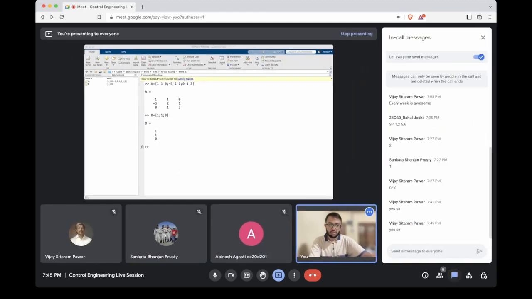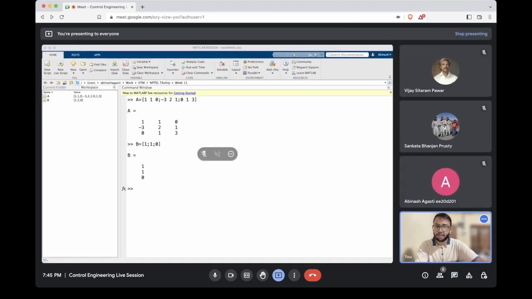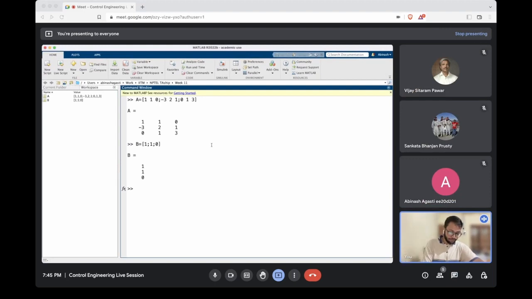Yeah, thanks. So A and B we have. Now we want to find out the controllability matrix, right? So what is the controllability matrix? It is given by B, AB, and since this is three-dimensional, A squared B. So this is the controllability matrix. I'll just write it down. Give me a moment.